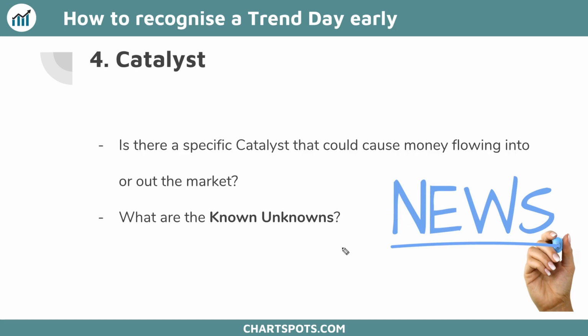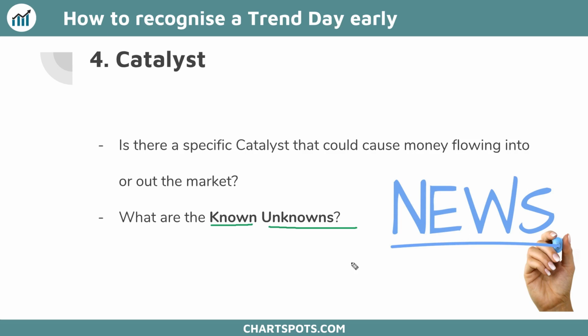So it's either news, but you also have known unknowns. What do I mean with that? For example, the jobs report, the non-farm payrolls in the US, or a Fed meeting, the ECB meeting.